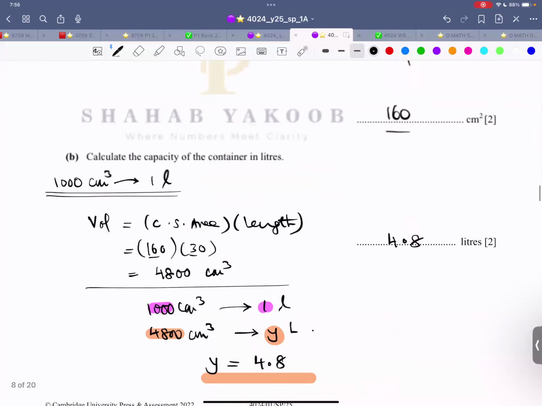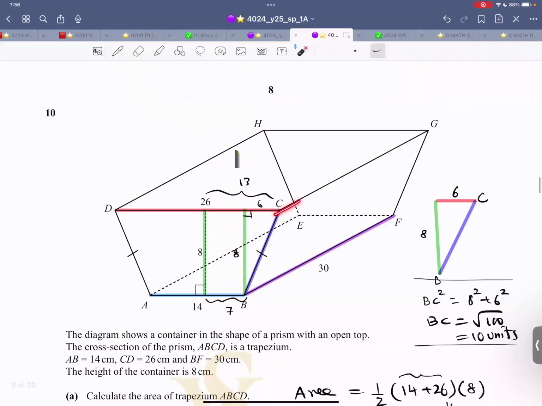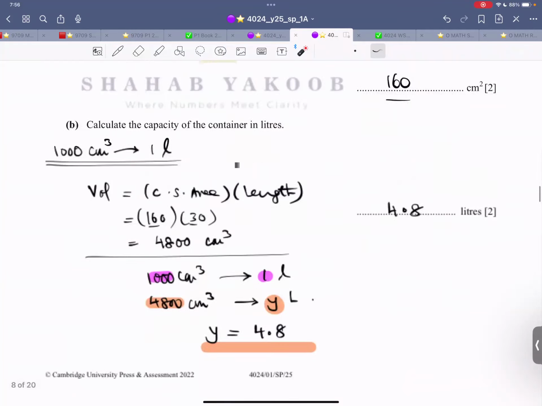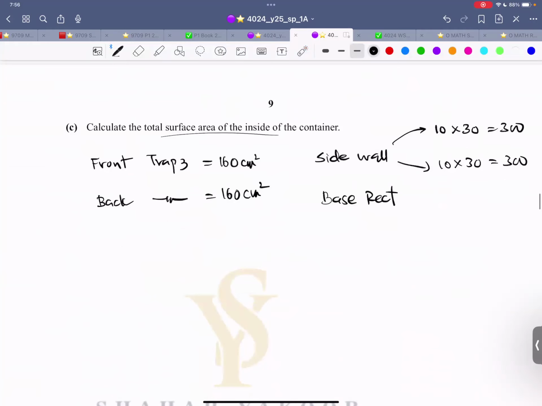So first of all, the side wall is this thing, which I pointed out earlier. This thing is exactly the same. And now on the ground, this is 30 and this is 14. That is 30 into 14. That is 420. This is also centimeter square.